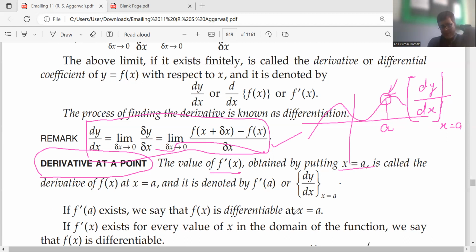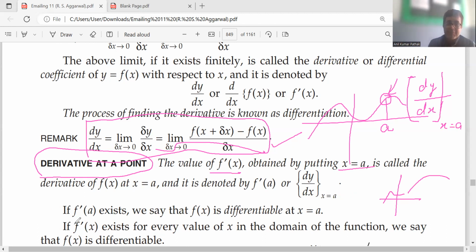Now, sometimes what happens? Differentiation of a function may exist, or may not exist, so we have to check whether it exists or not. Wherever the function is not continuous, there is a probability that it will be non-differentiable.